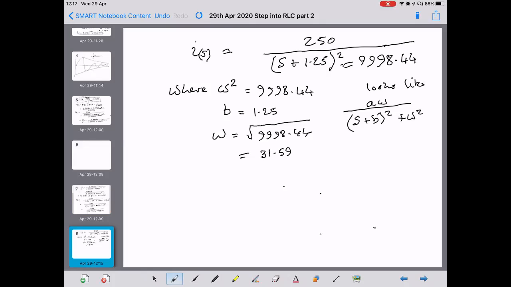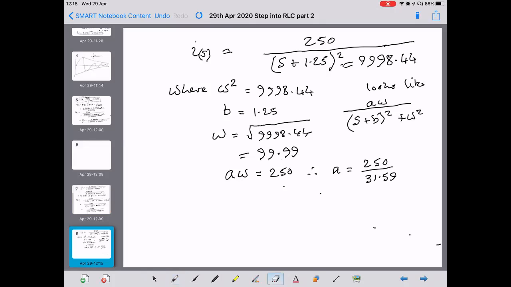And we know that I times omega is equal to 250. Therefore, I is equal to 250. How did you get 31? I just put the square root. Oh no, sorry, I've done 998. I got 99.99. Sorry. Yeah, 99.99.